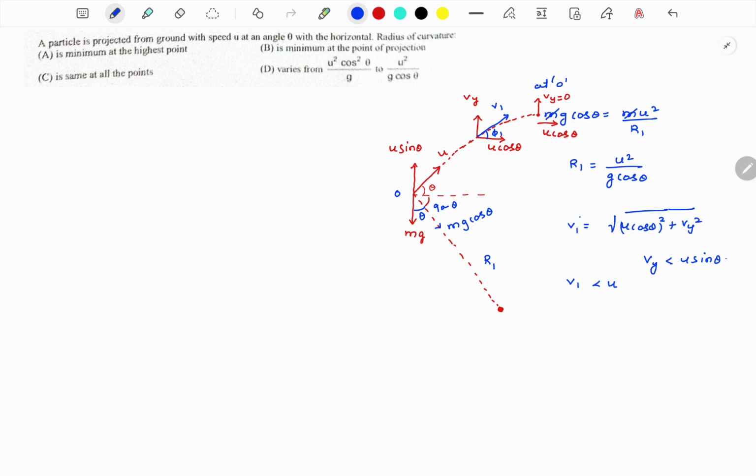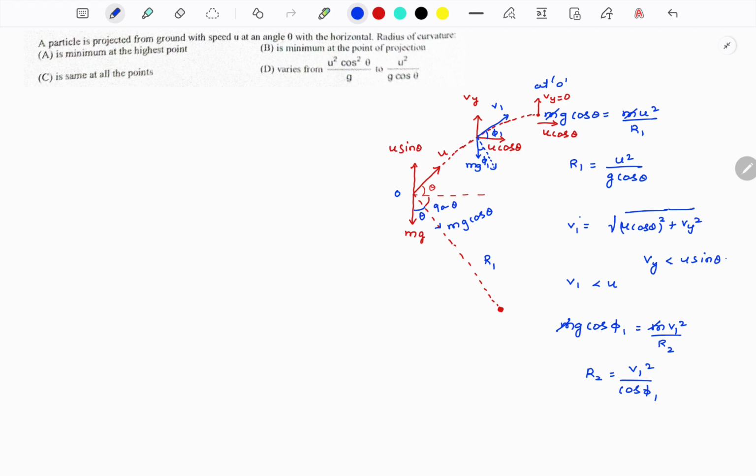Because v1 is less than u, at this point if we try to find out the radius of curvature, we'll do the same process. Here mg cos phi 1 will be equal to mv1 square by r2, so r2 will be equal to v1 square by g cos phi 1.